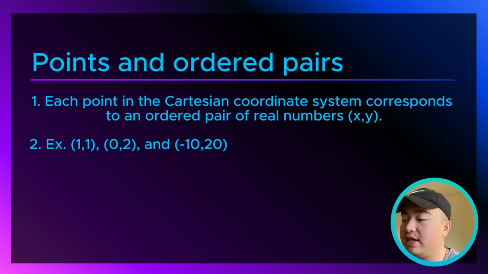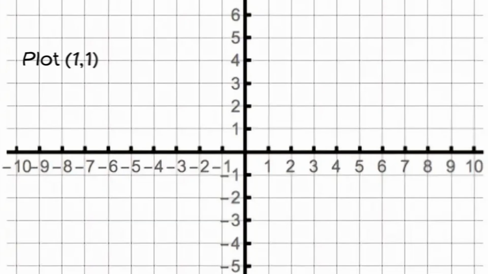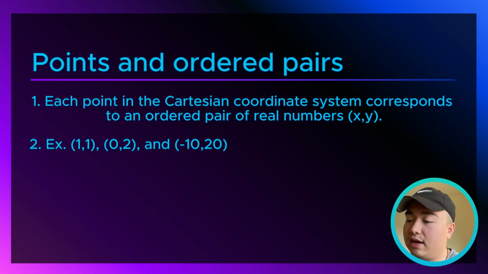To plot these, for example (1, 1), we would start at the origin, (0, 0), and our x value is 1, so we will move to the right, positive 1, and our y is 1 as well, so we will move up 1 unit, and so we're at (1, 1). And you can do that for the point (0, 2) and the point (-10, 20).